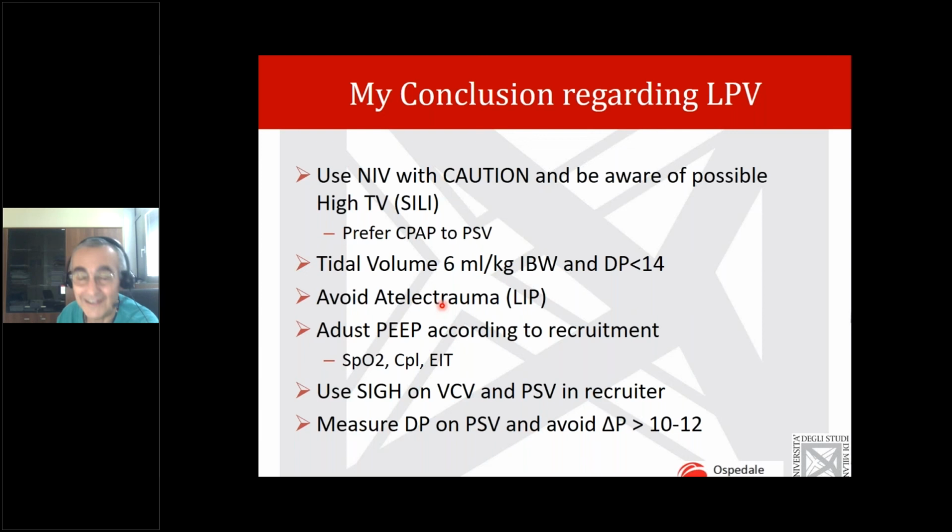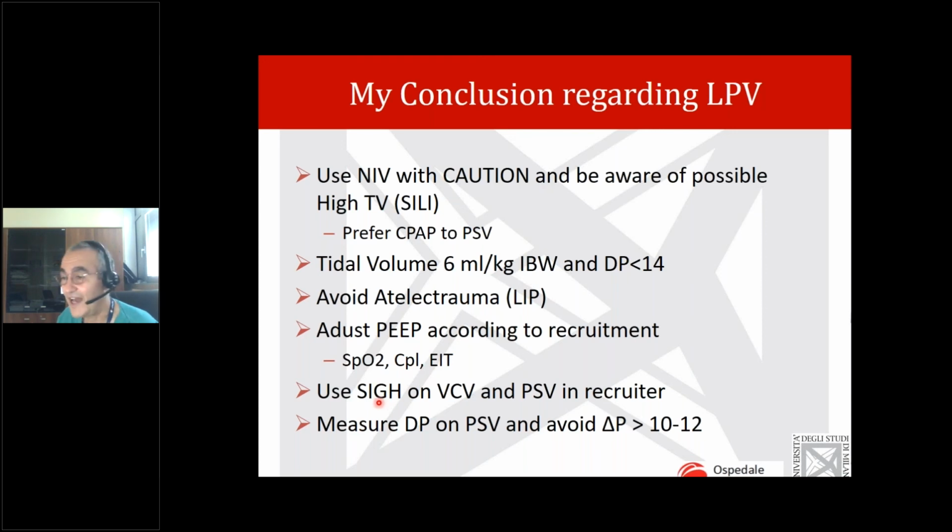Avoid atelectrauma, applying a level of PEEP that is above the lower inflection point in order to reduce opening and closing. Adjust the PEEP according to recruitment maneuver, using SpO2, but maybe much better compliance, or even more electrical impedance tomography.